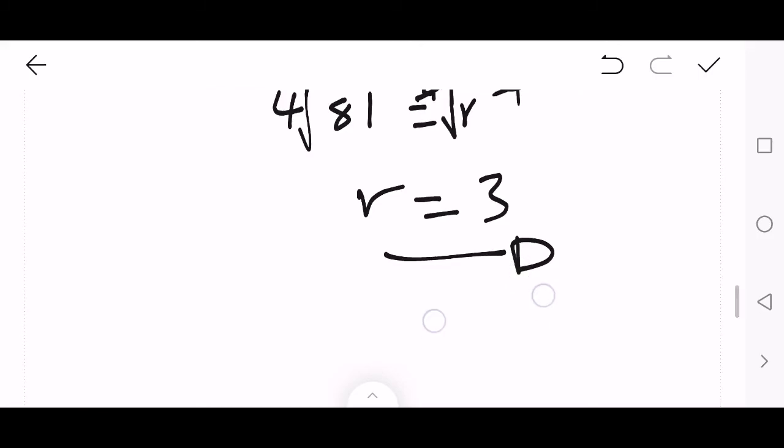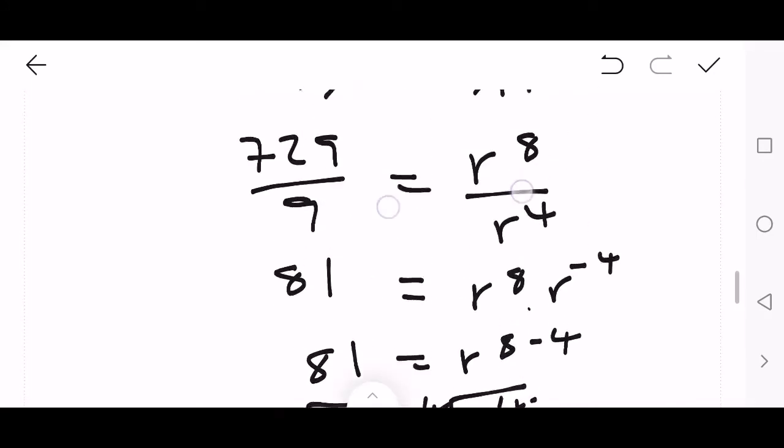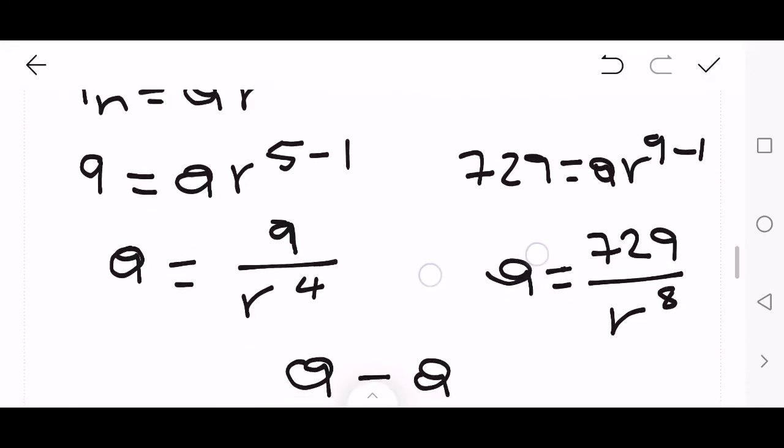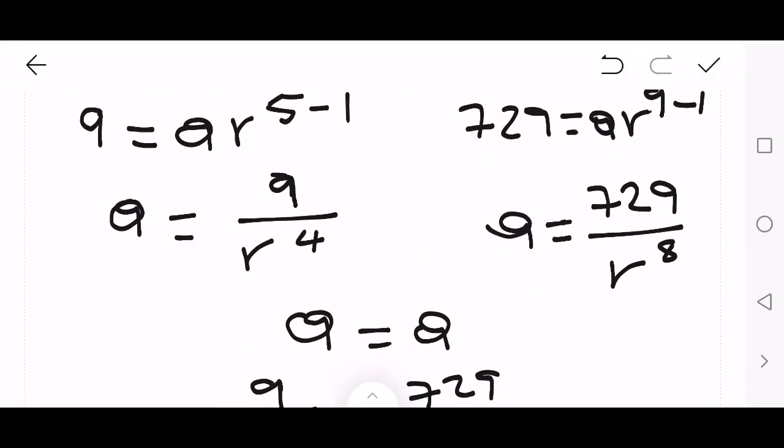Now we're supposed to calculate the 10th term, the value of the 10th term, but we still don't know a. So we can use any of these equations here to solve for a, and I'm going to use the easiest one.